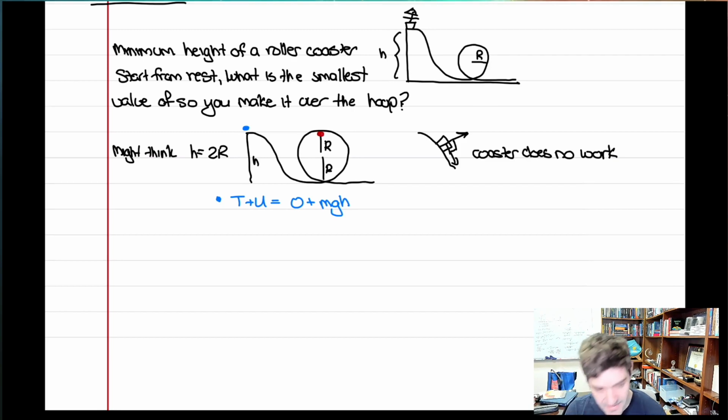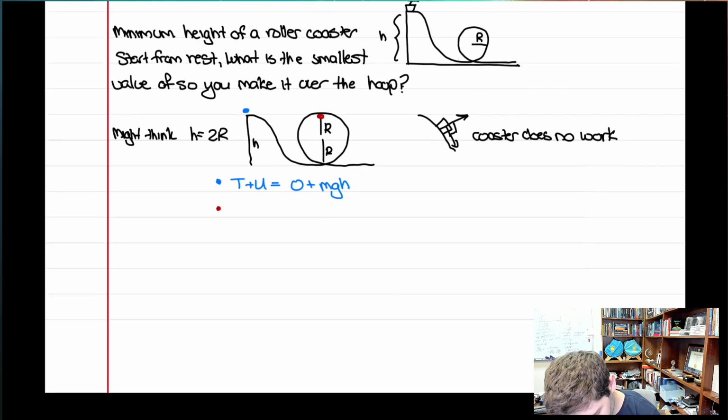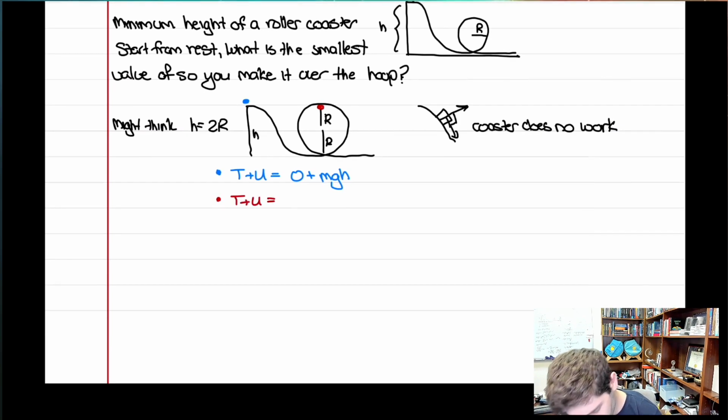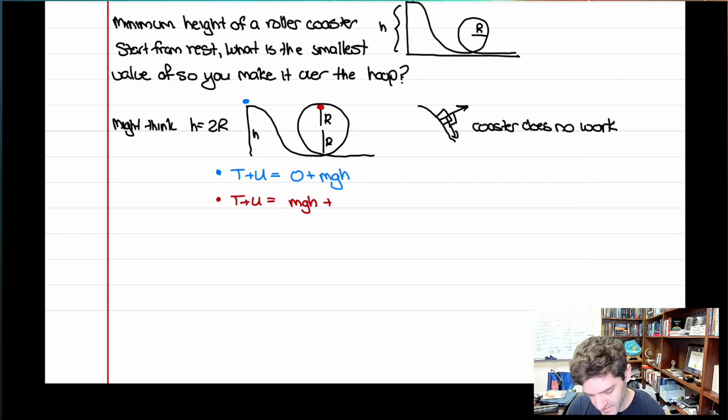And then at your end point, if I'm going to make it over the hoop, I should be able to at least get to the top of the hoop. But then notice at the top of the hoop, what is the total energy? Well, you go back to having mgh, and then you have to ask yourself, is it possible to have any sort of kinetic energy at that point? Since these are equal to one another, you have to realize that v has to equal 0.